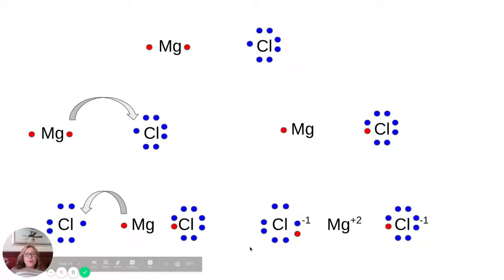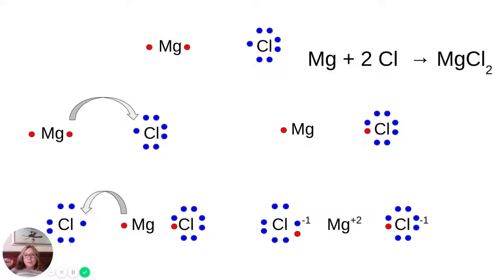Okay? So now the magnesium will have a +2 charge because it just lost 2 of its negative charges. So it has 2 excess positive charges. And each chlorine has a -1 charge. But they're happy. And so the +2 charge on magnesium will be attracted to the negative charges on the chlorine, and that will form an ionic bond.